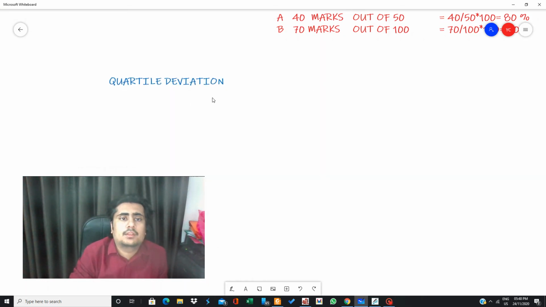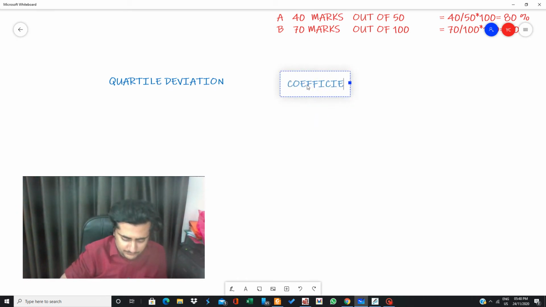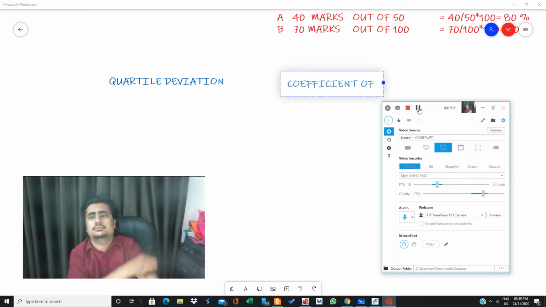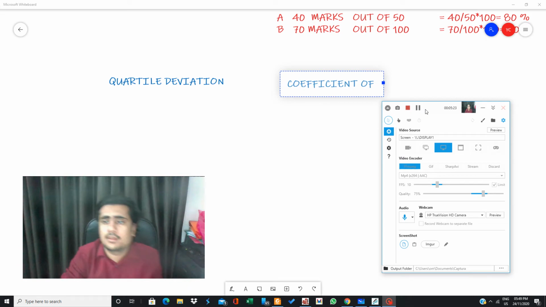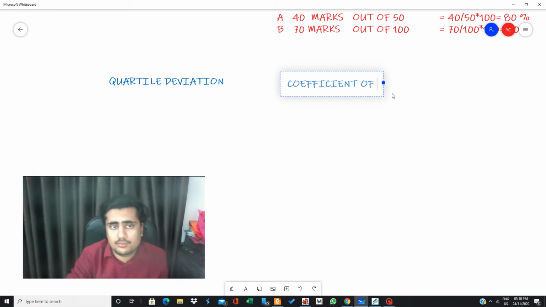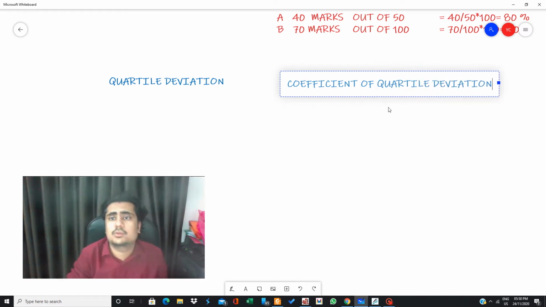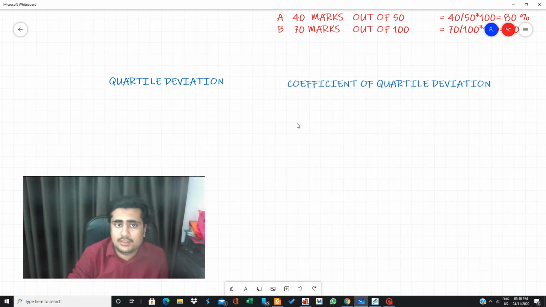Now this coefficient of quartile deviation is a relative measure, and quartile deviation is an absolute measure.